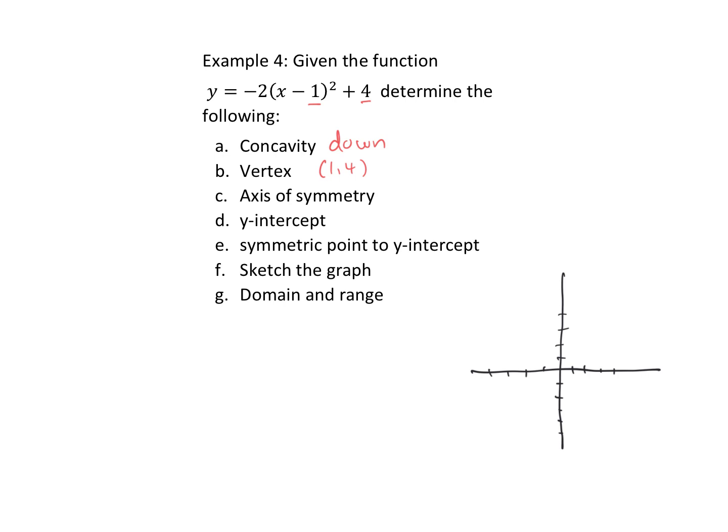So we have a vertex at 1, 4. I know it's going to turn down. My axis of symmetry is going to go through that vertex. So it's going to be at 1.